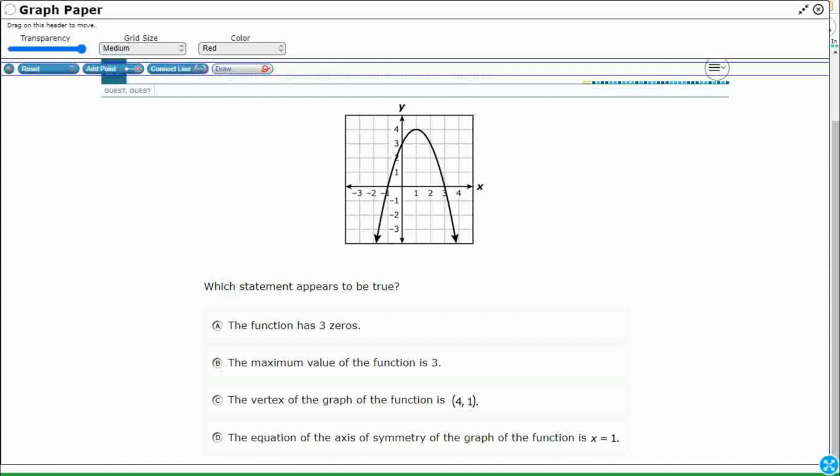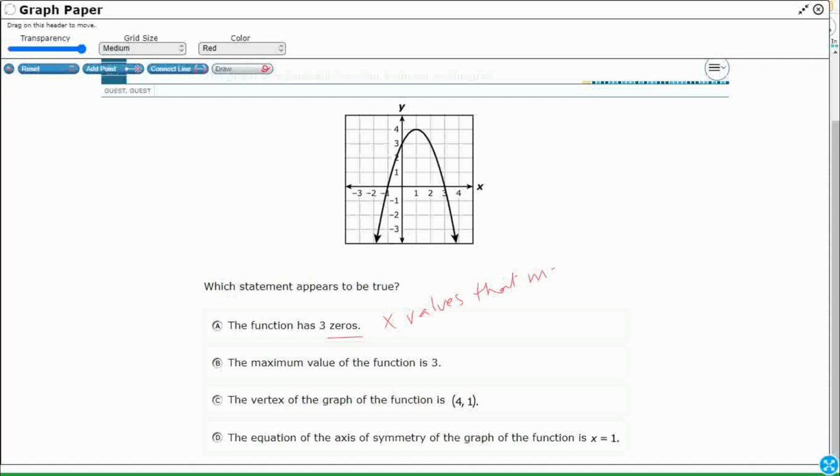Okay, well, the number 0 doesn't show up on the graph. That's not what we're talking about, okay? So zeros are the values, right? So these are the x values that make y equal 0, or f of x, whichever way you want to think of it, equal 0.